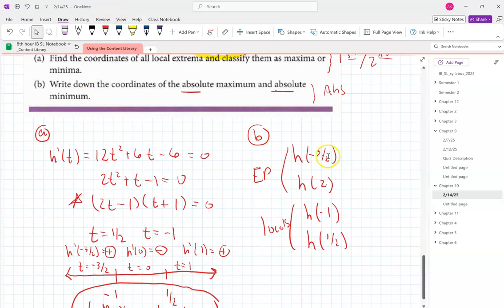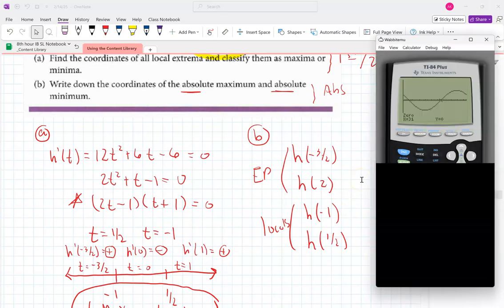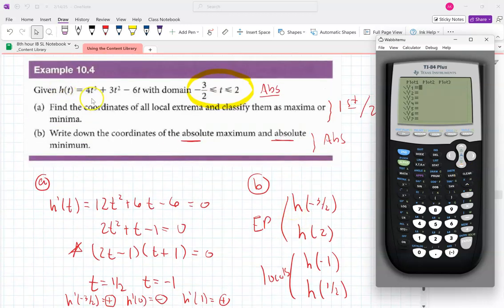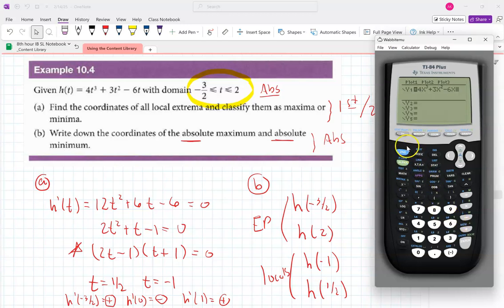Now, that's going to be a lot of stuff to plug into my calculator. I don't want to do that. Let me show you an easy way to do this on your calculator if you got to plug a bunch of stuff in over and over again. So what I'm going to do is I'm going to go to the y equals and I'm going to type in this h of t function. And then I'll exit back to the main screen, and I'm going to do the y1 command.